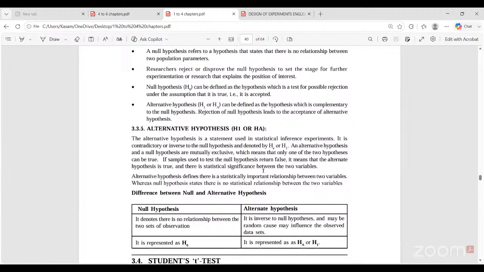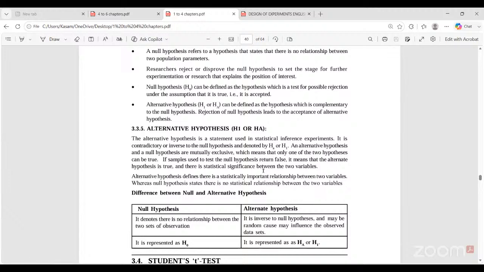The alternative hypothesis is a statement used in a statistical inference experiment. It is contradictory or inverse to the null hypothesis and denoted by HA or H1. So the alternative hypothesis and null hypothesis are mutually exclusive, which means that only one of the two hypotheses can be true.